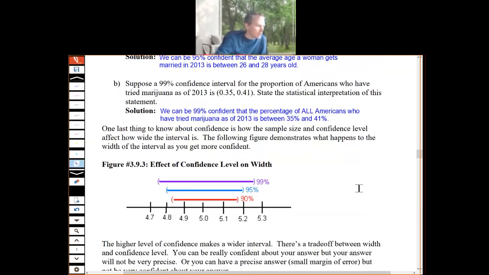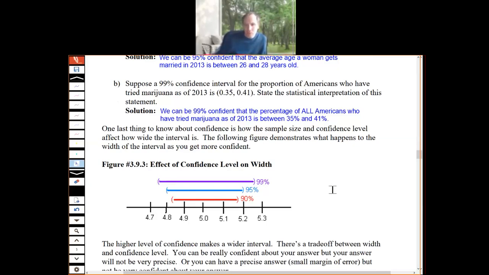Let's look at what happens when I take a higher level of confidence. Suppose I'm looking at the exact same data. I took a sample and I'm just going to analyze it mathematically. If I take a 90% confidence interval, I get some range of values. To be more confident, I need a bigger range of values.